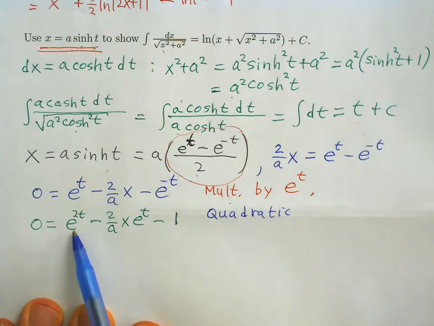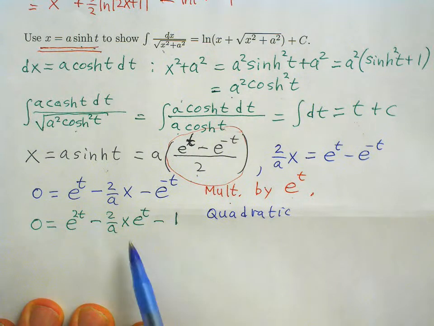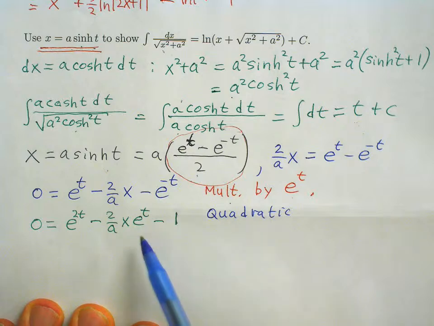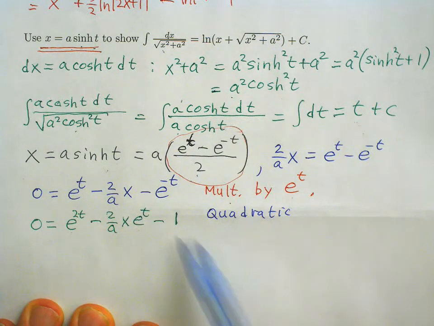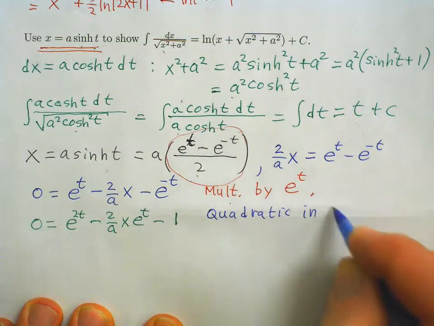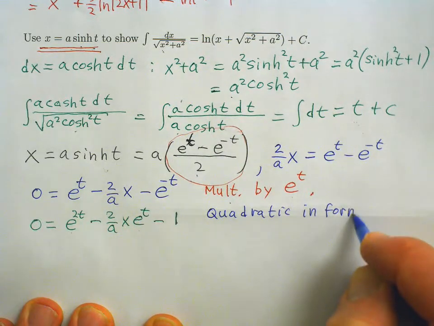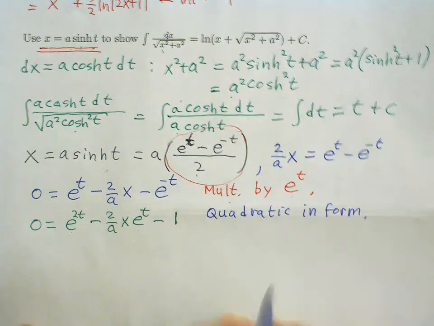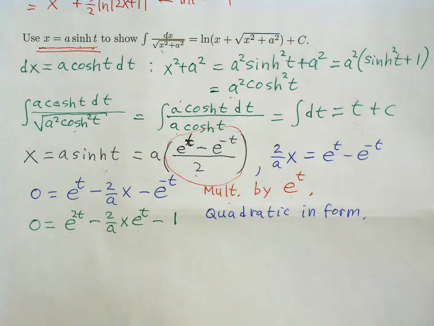Like this one, we have e to the t squared, and then the middle term involves the part that was squared in the first, like e to the t, and then it's followed by a constant. So this is quadratic in form. We know how to solve every quadratic equation. We can always use the quadratic formula. So if you have an equation that's quadratic in form, we can solve it.